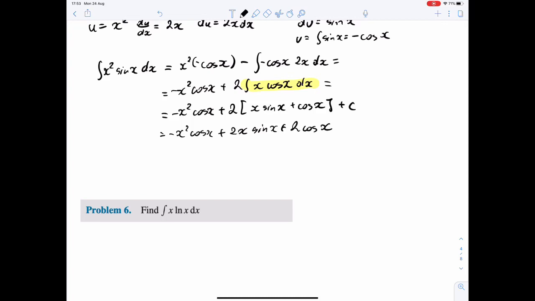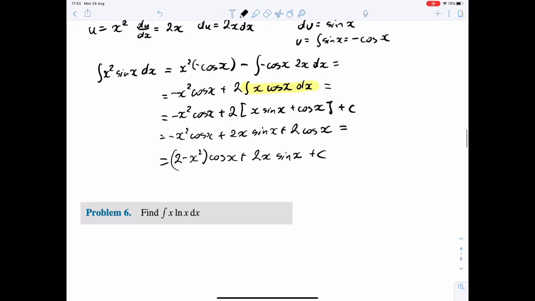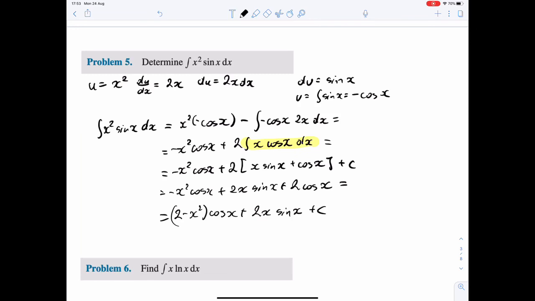And note that I can rewrite this to get 2 minus x squared, taking a common factor out of the cos, and then plus 2x sine x, and obviously plus c. So slightly more involved integral. You would have to do integration by parts twice, but we had this example already resolved, so that should be sufficient.